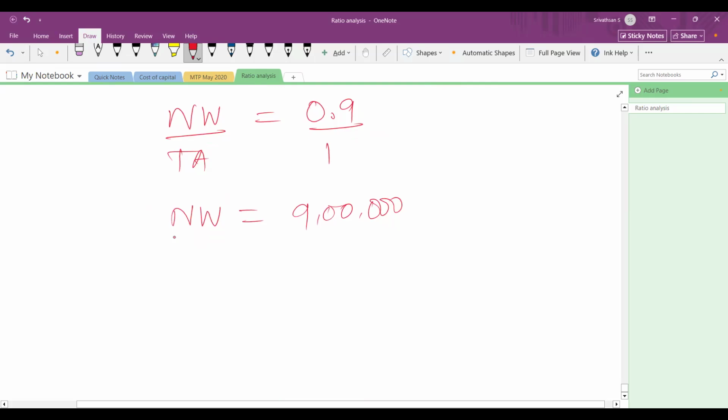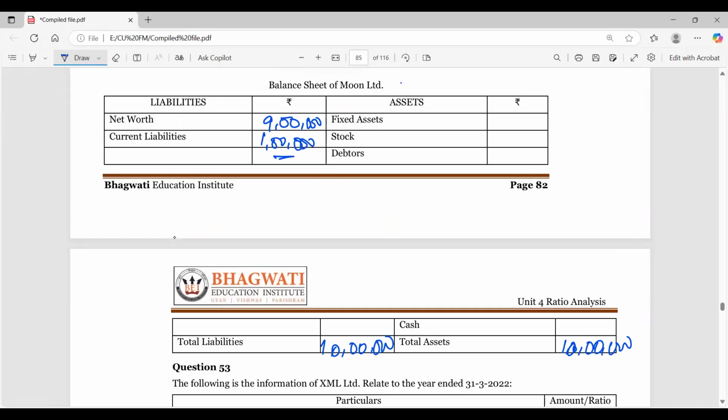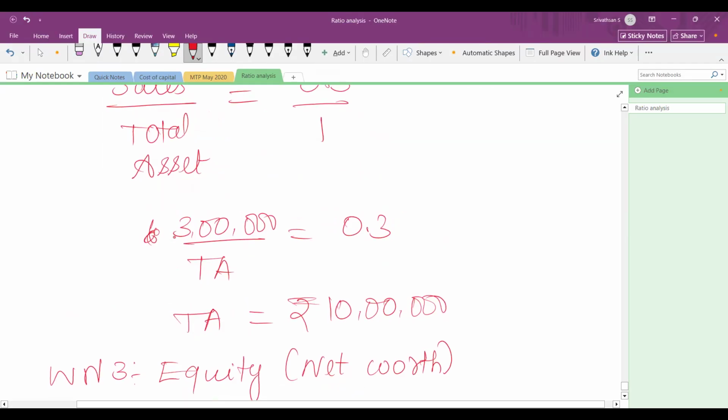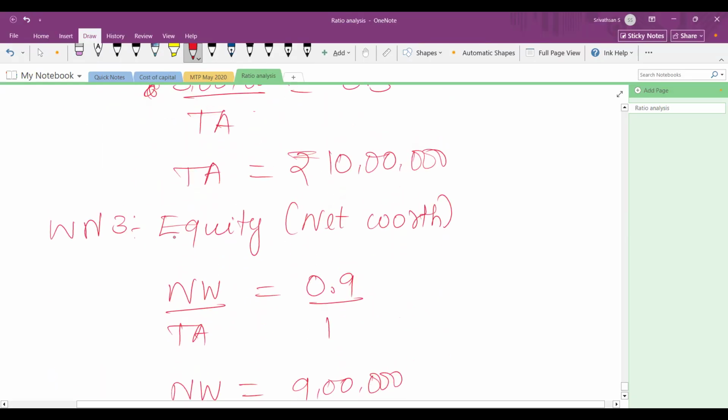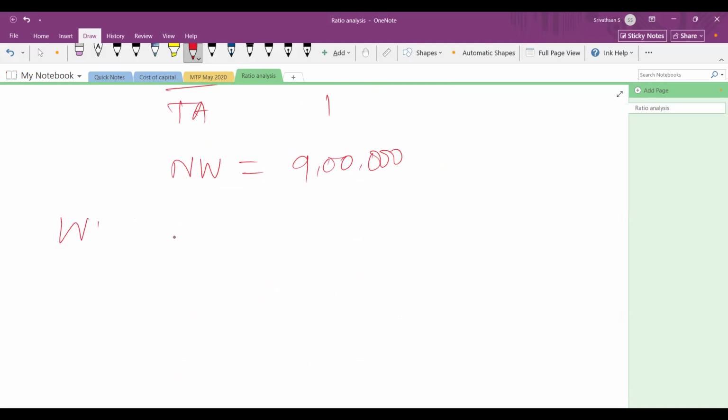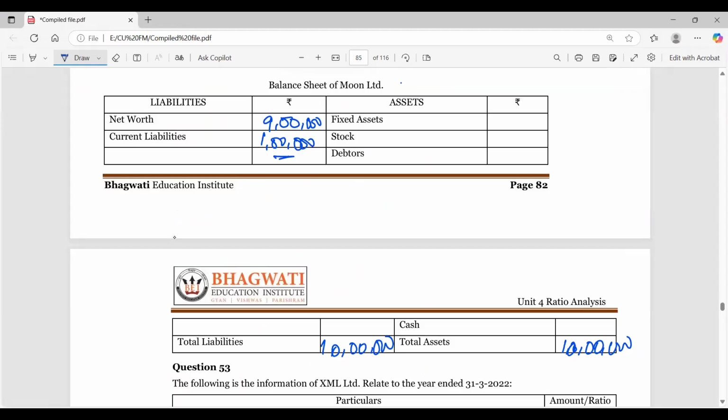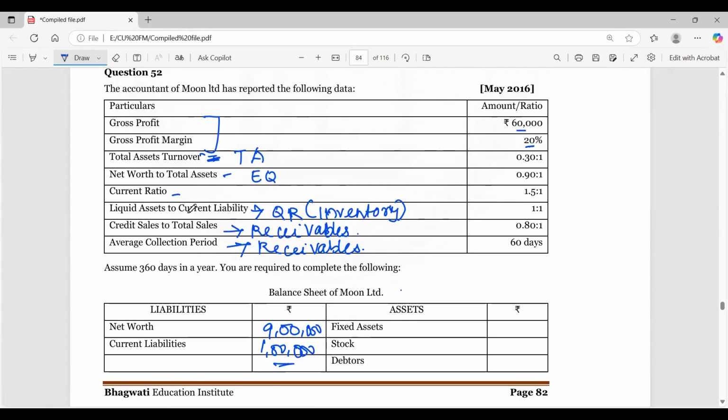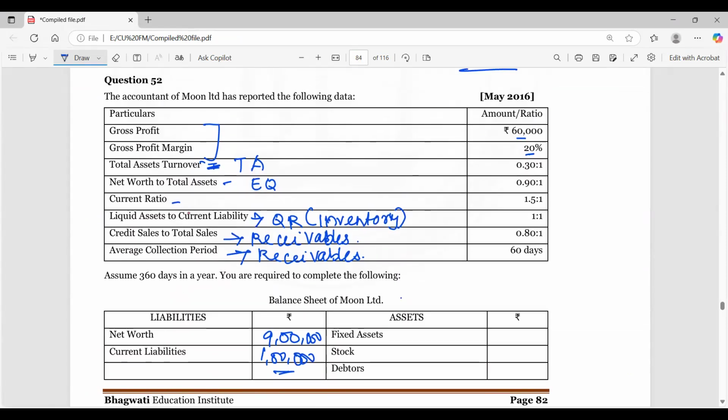So next, since we know current liability is equal to 1 lakh, we can use the current ratio to calculate current assets. So working note 4, current assets. Current ratio is 1.5:1.